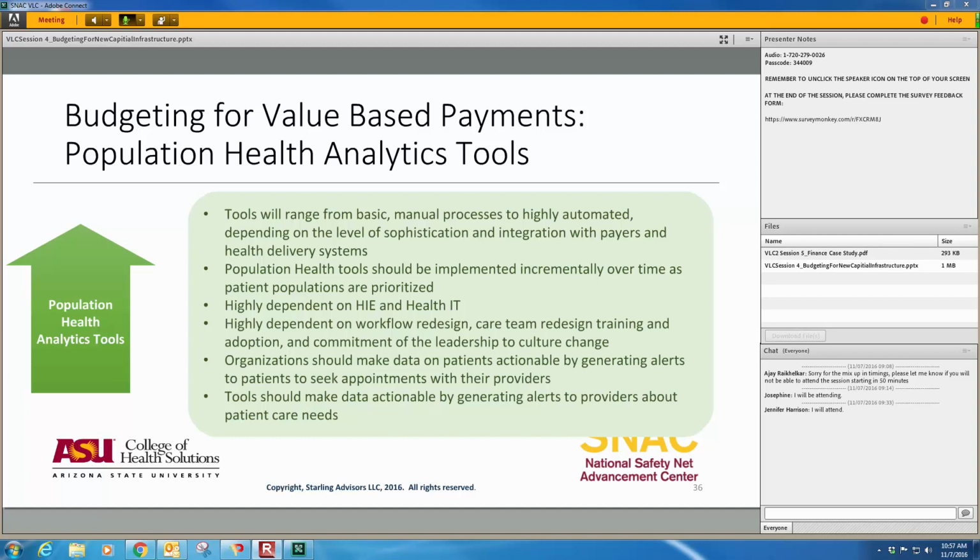Obviously, population health and the analytics tools are highly dependent on health information exchange and IT. And we think it's really important because folks get really focused on the price tag attached to new vendor tools and resources without thinking through what the additional costs are going to be for staff training and workflow redesign.